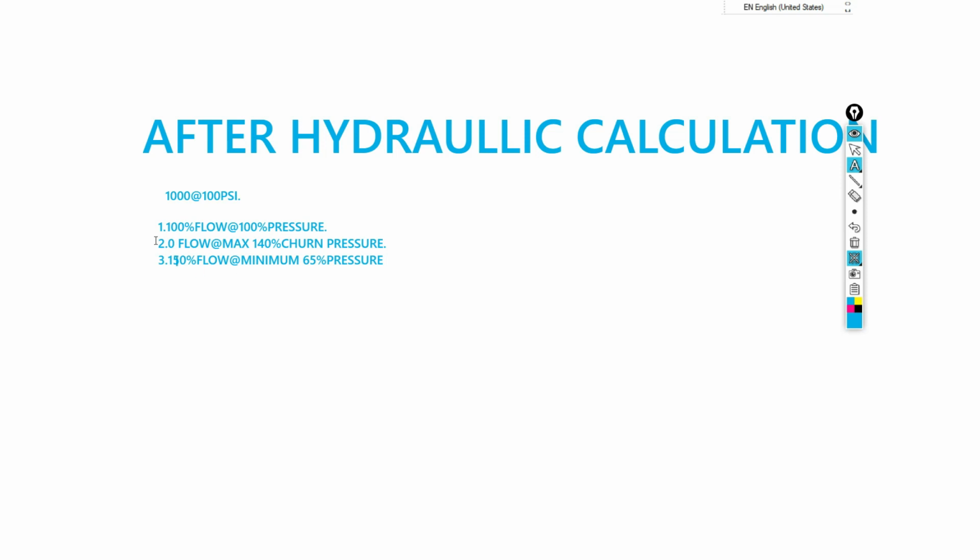Don't select the pump of 1000 GPM at a rate of 100 psi that you get after hydraulic calculation. Okay, it's not a wrong selection, but you could have saved some money. Okay. How? Let's start.